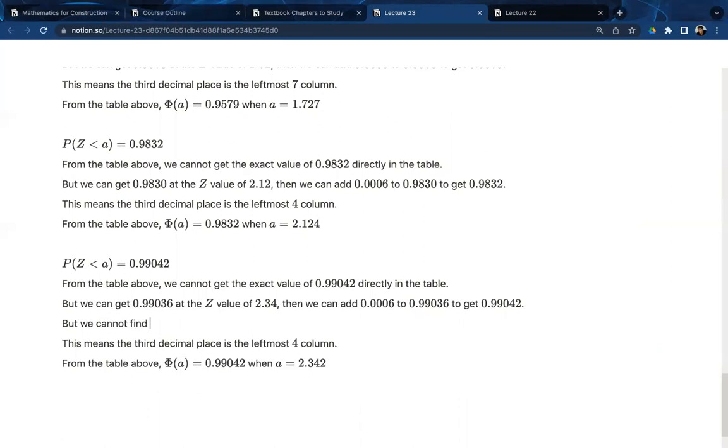So we cannot find a third decimal place column that has 6 in it for row 2.34.